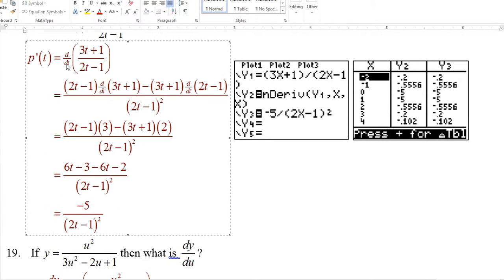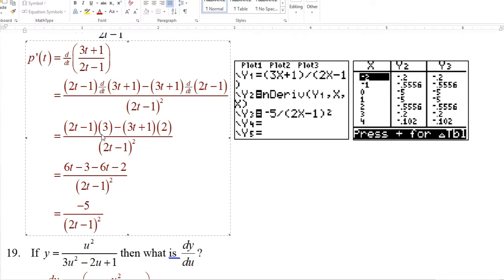The quotient rule says: low times the derivative of the high minus the high times the derivative of the low, over the low squared. So the bottom times the derivative of the top, minus the top times the derivative of the bottom, over the bottom squared. The derivative of 3t plus 1 is just 3, and the derivative of 2t minus 1 is just 2.